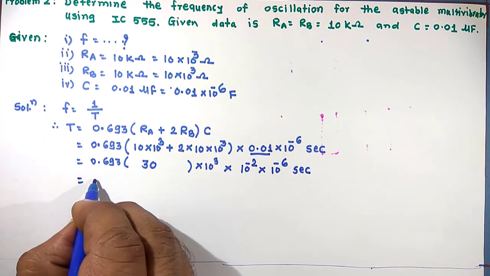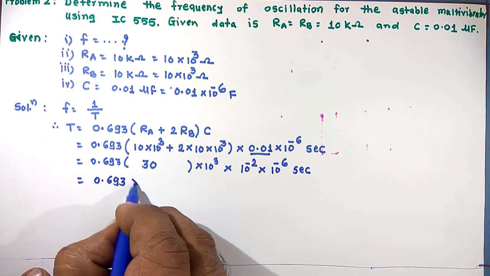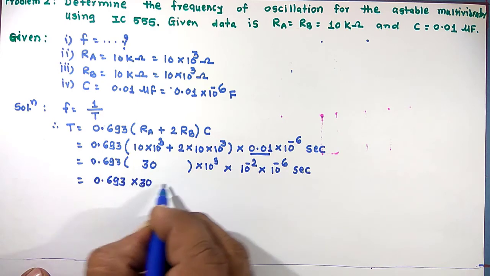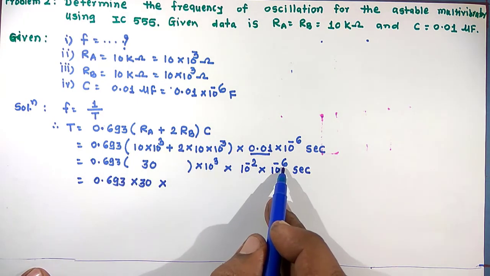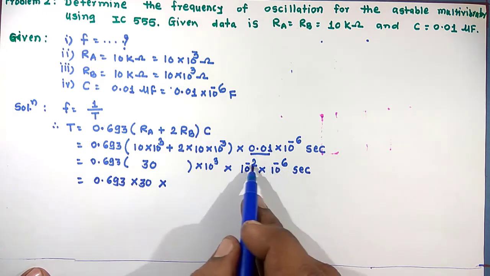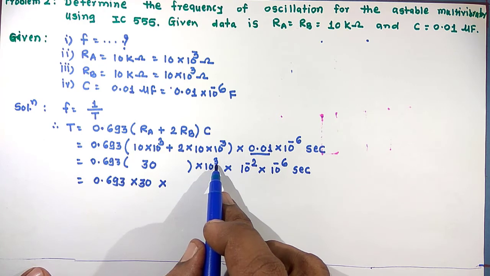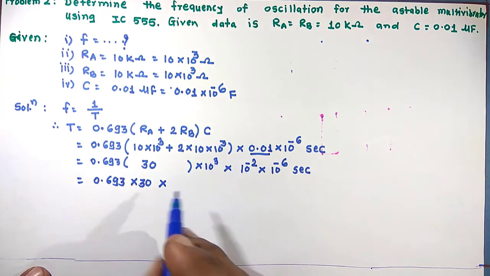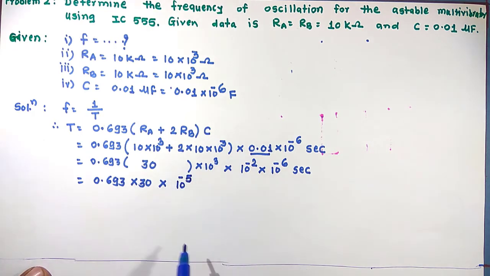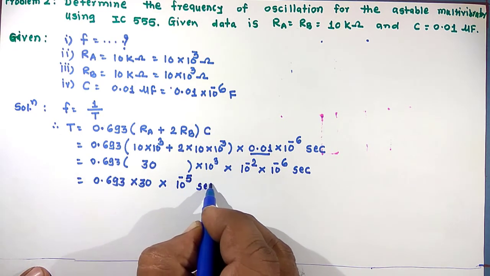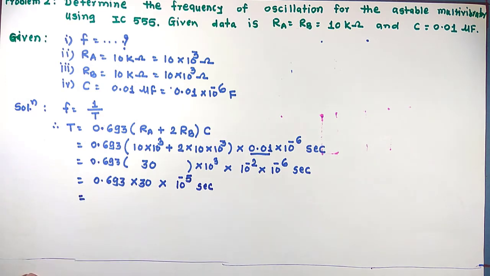So this is equal to 0.693 into 30 into, this is 10 raised to 3 and this is 10 raised to minus 8. So minus 8 plus 3 is 10 raised to minus 5 second.